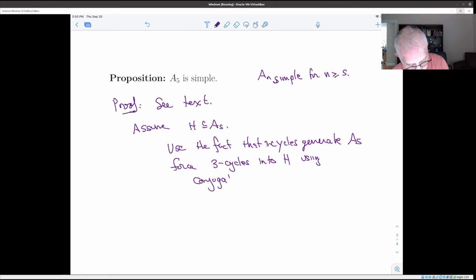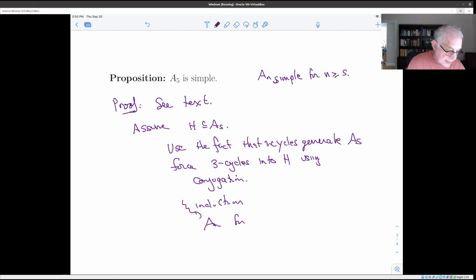Because since it's normal, if you have one thing in there, then all the conjugates of that thing have to be in there. And that gets you A5, and then to do An, you basically have to do the same argument, but you have to be even more careful. So in some sense, it's an inductive argument to get An for all n bigger than or equal to 5.